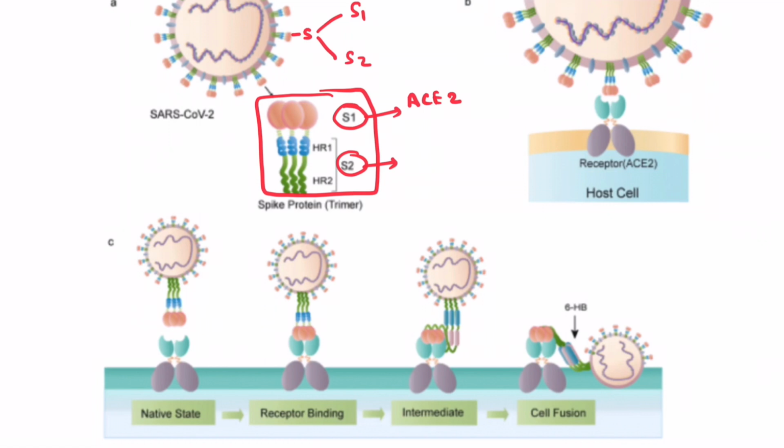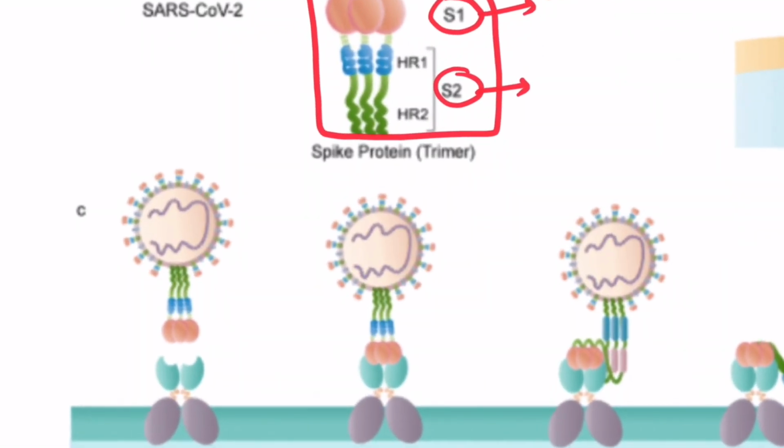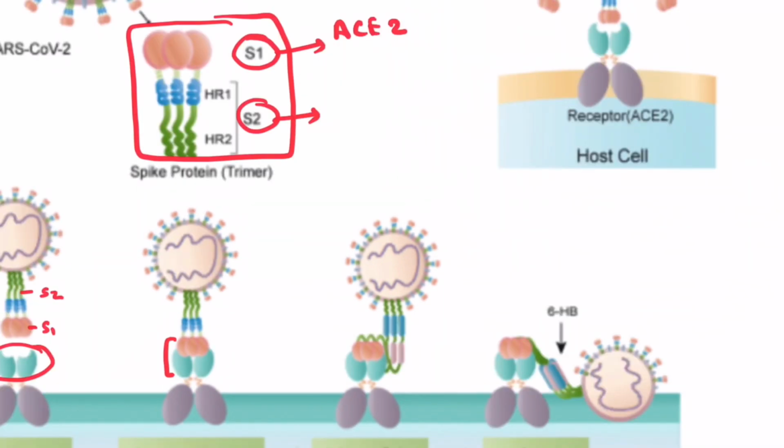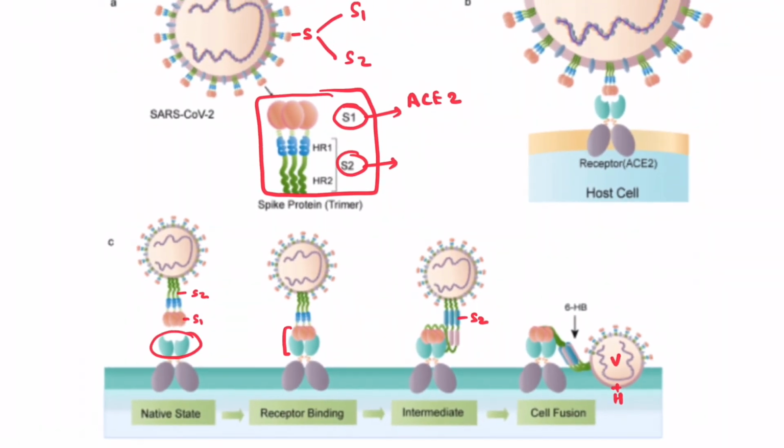As you can see, this is S1, this is S2, and this is the receptor. S1 binds with this receptor, and now the S2 part starts bending, and this helps in fusion of the viral cell with the host cell. So this is about the S1 and S2 subunits.